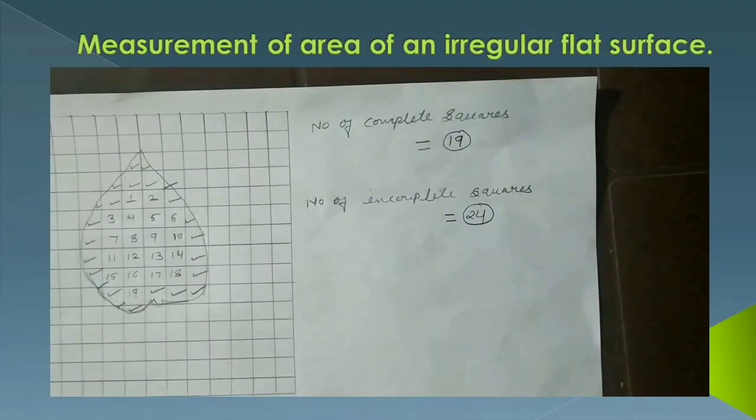Now what do we have to do with the number of complete squares and the number of incomplete squares? To find the area of this leaf, we have to use one formula.